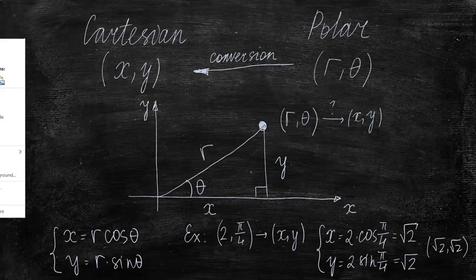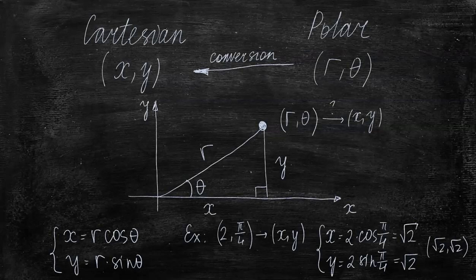So now let's reverse the process, and to reverse the process means we're now going to assume that we have x and y given to us, and we're going to do the conversion and find the r and theta.